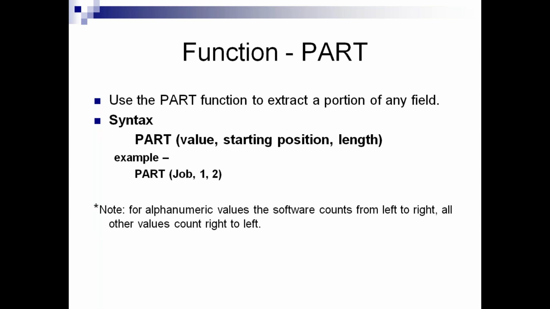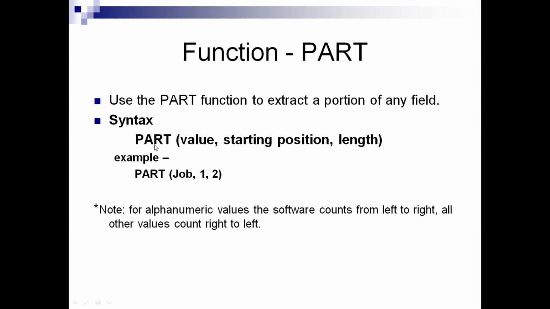So join brings things together. Part lets you pull portions of a field out. So here you might have, maybe you didn't section your job number. So this is the example I'll give here.